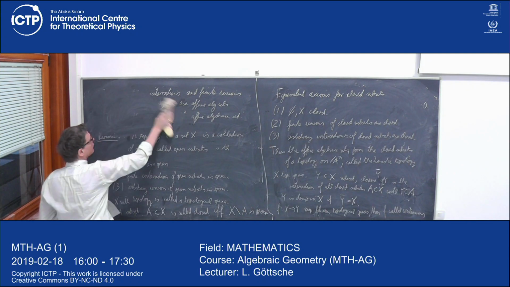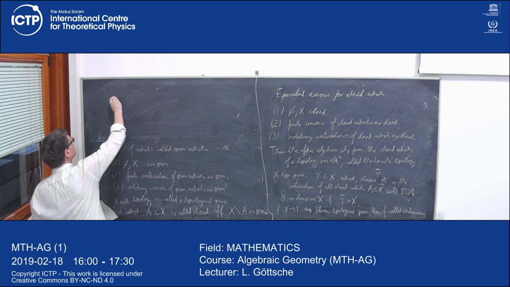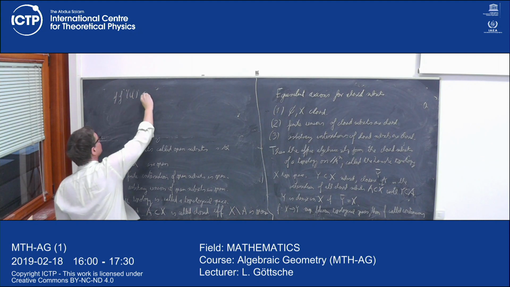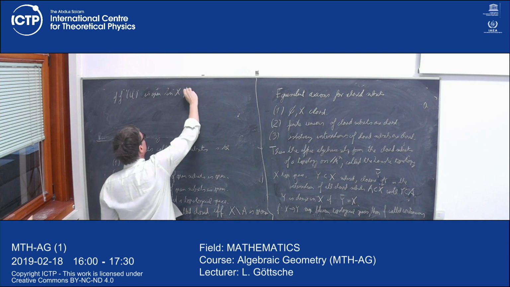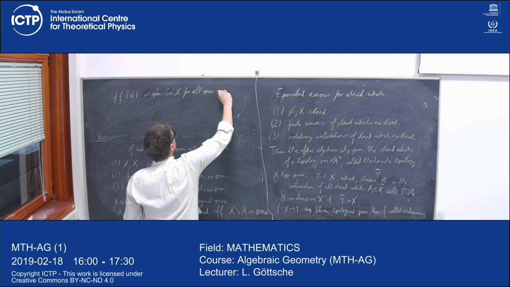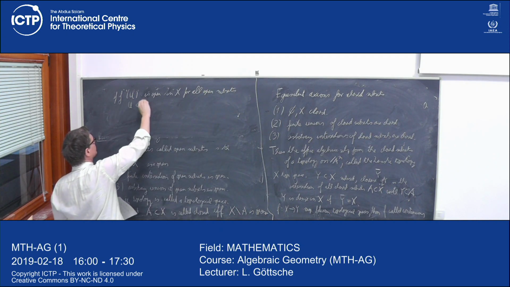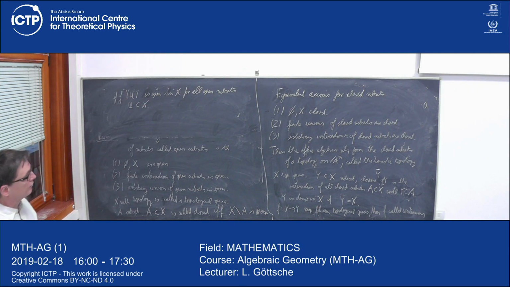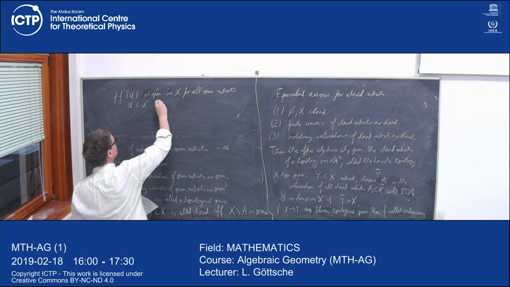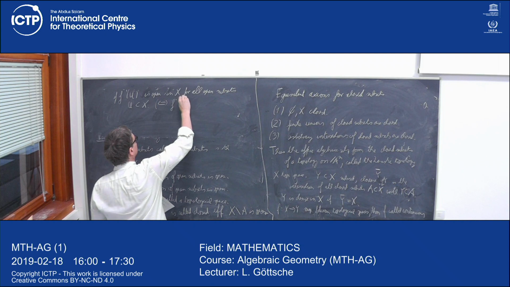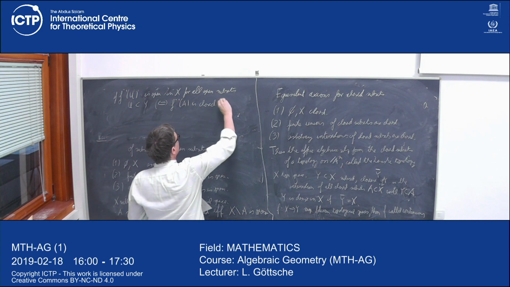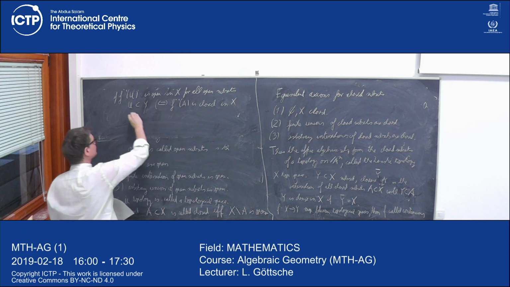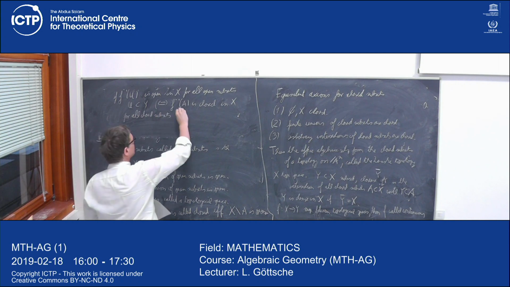If the inverse image of any open subset is open in X for all open subsets U subset Y, and obviously by taking complements, and that's maybe more interesting for us at the moment, this is equivalent to f to the minus 1 of A being closed in X for all closed subsets A in Y.